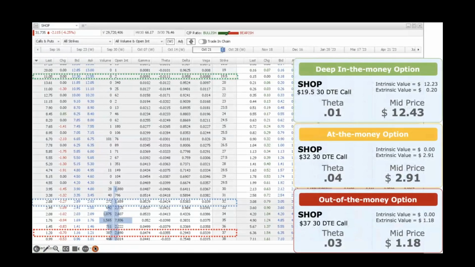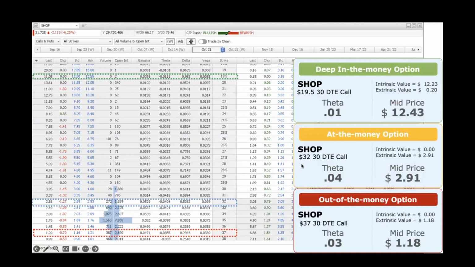All right, looking at theta now. So that's this line here. We have the same options: the deep in the money, the at the money, and the out of the money option. The very deep in the money option is at its destination. It doesn't have a lot of extrinsic value, therefore it doesn't have a lot of theta to decay. It's got 20 cents that it needs to decay by the time it gets to expiration, all else equal.